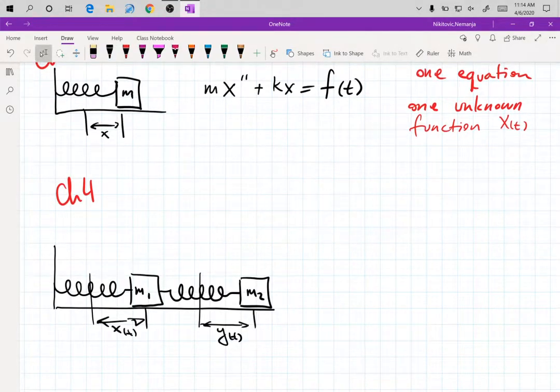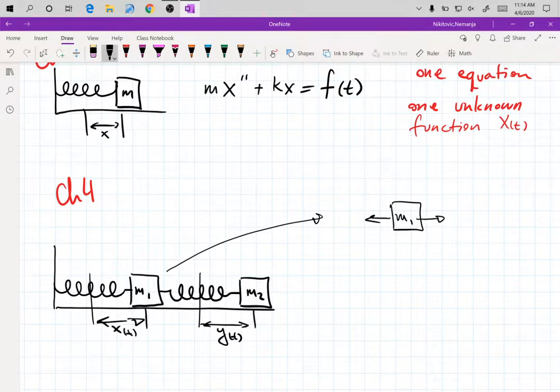I hope in physics you learned about free body diagrams and stuff like that. So the free body diagram for each one of these masses, this one, mass 1, will have two forces acting on it. We have a K1x, which is the spring constant of the first spring.